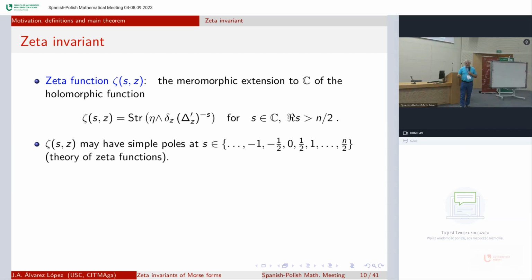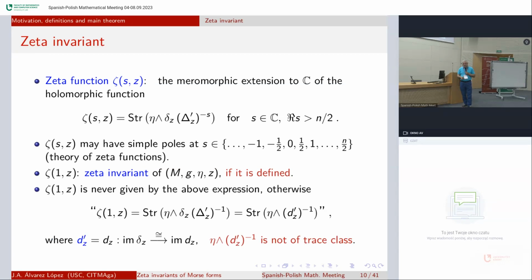By the general theory of theta functions of operators, this meromorphic function may have simple poles at the points s written here, which are half integers and integers which are less than or equal to half of the dimension. And the theta invariant we want to consider is the value of this theta function at s equal to 1, if it is defined, because 1 is in the list of possible poles.